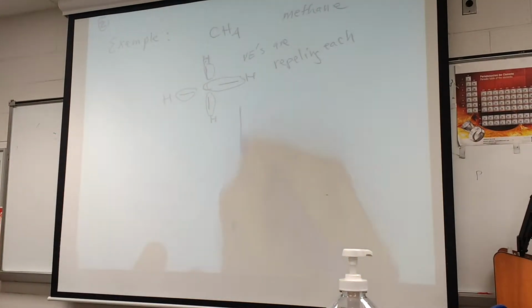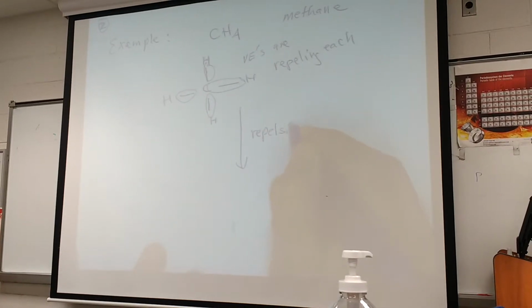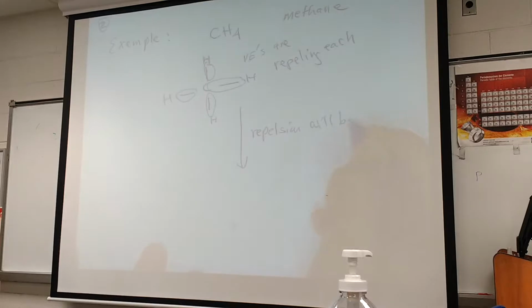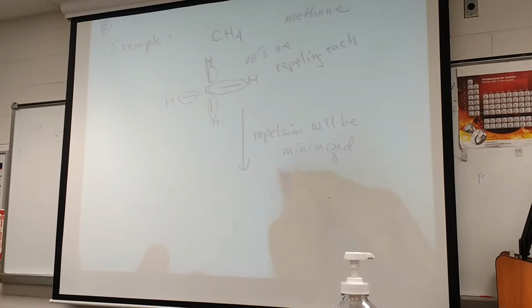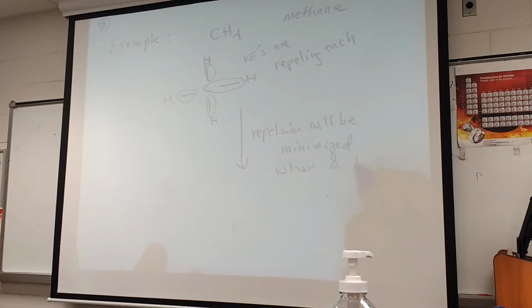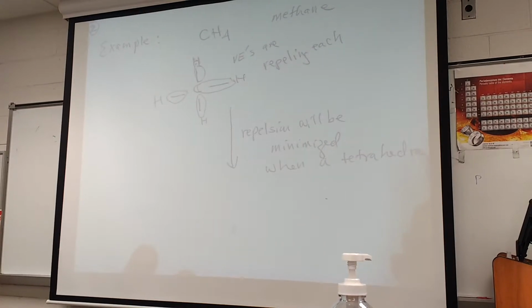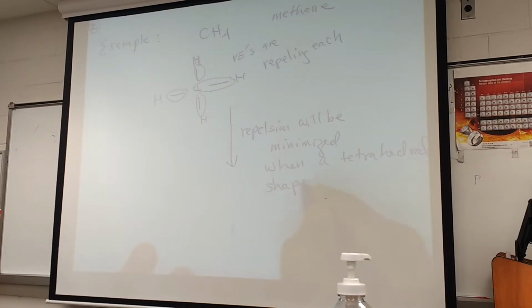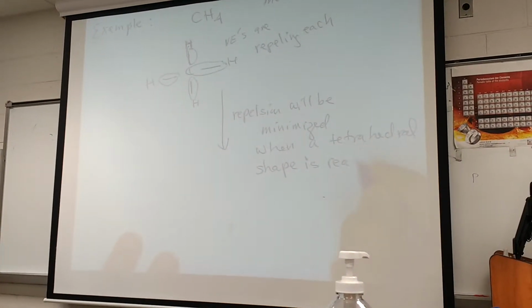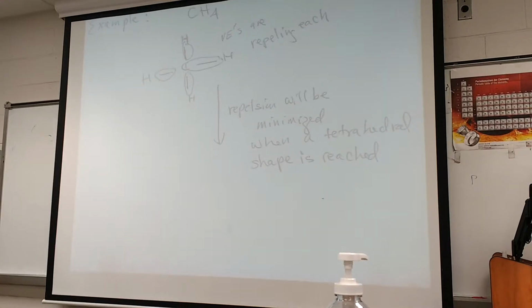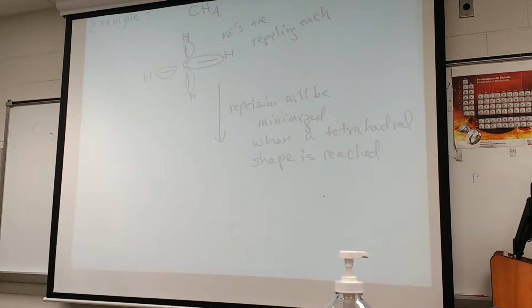So the repulsion here will be minimized when a tetrahedral shape is reached, correct? The molecule is still fighting this repulsion, because repulsion means instability.